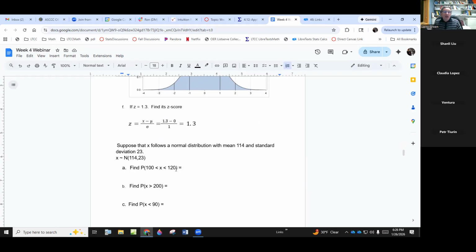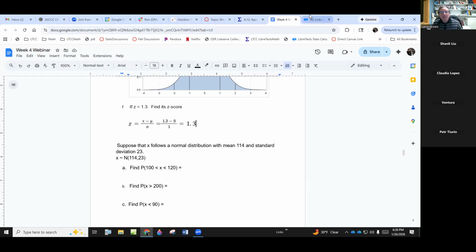Okay, so I will let you know, now we do not have a standard normal distribution. So there is no way you're going to be able to do this by hand. Any guess on what we're going to have to do? Any thoughts? Yeah, we're going to have to go to the calculator.